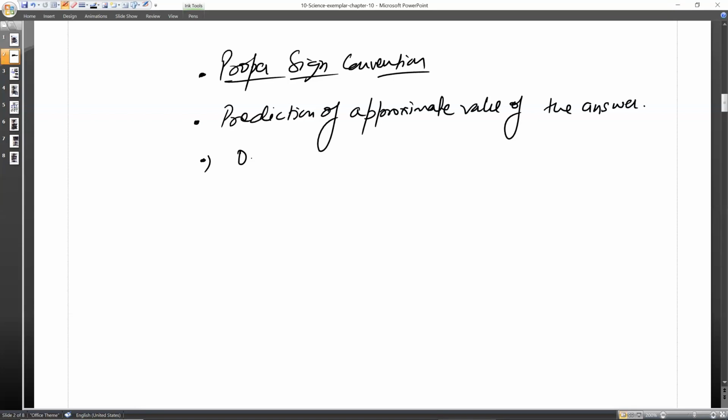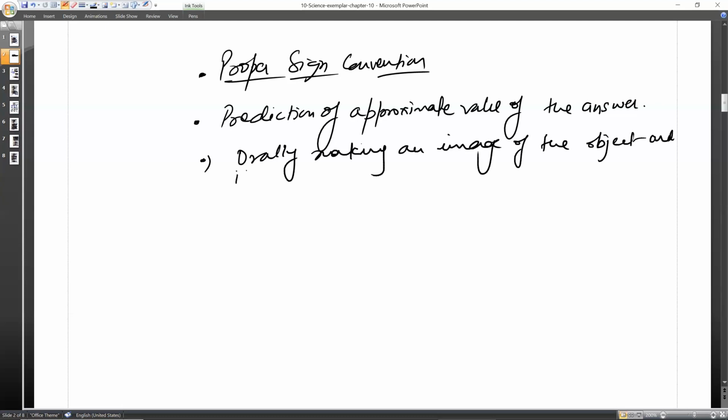And how are you able to predict that value orally? By just revising where the object is kept and where the image is going to form. This type of means orally making an image of the object and its image formation.